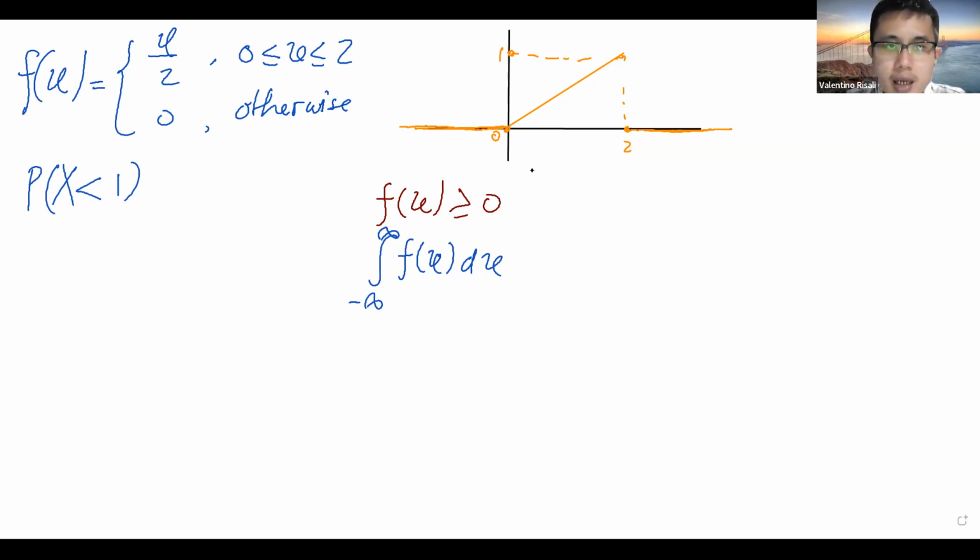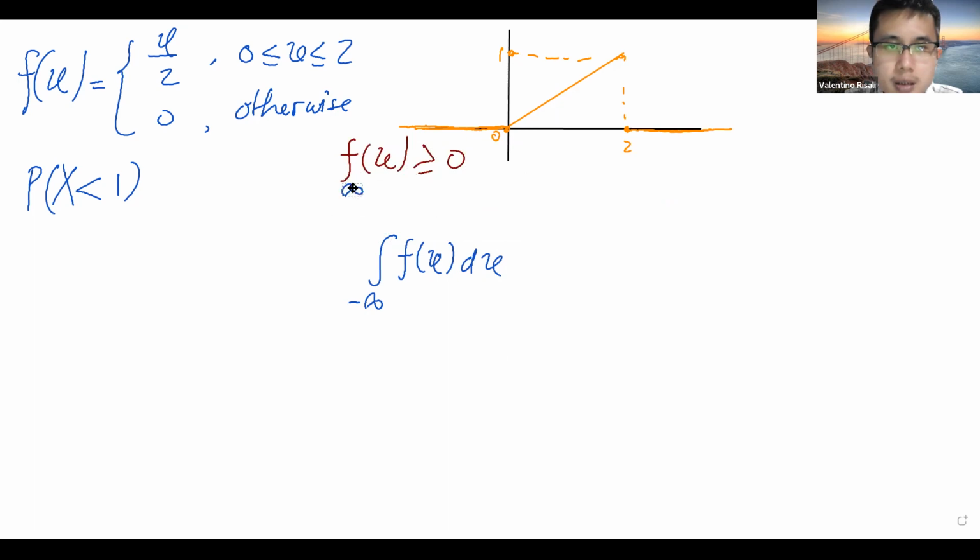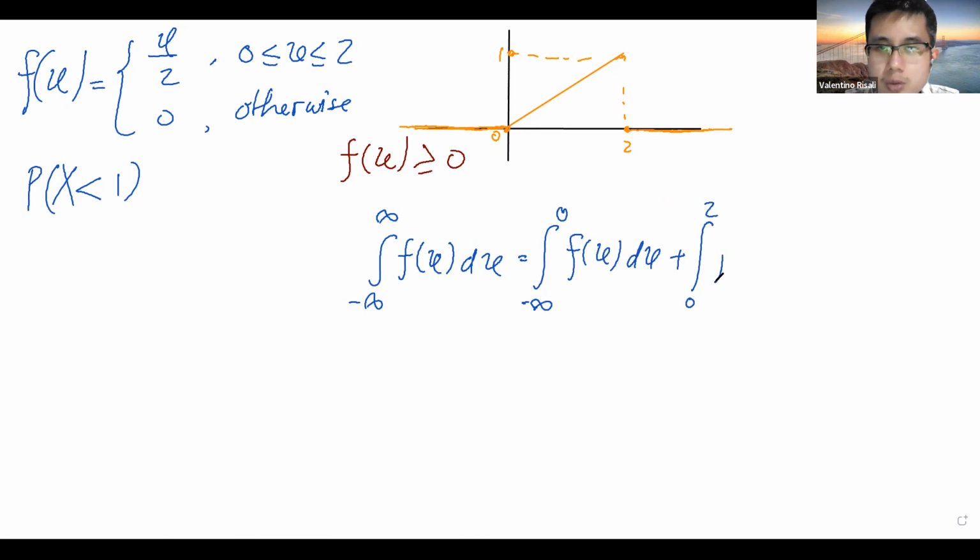Okay, and by our previous illustration, we can find this integral by dividing it into 3 parts: from negative infinity to 0, from 0 to 2, and from 2 to infinity.